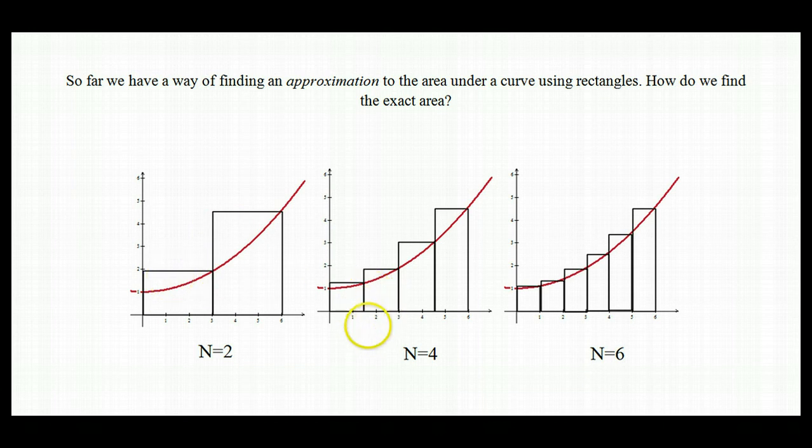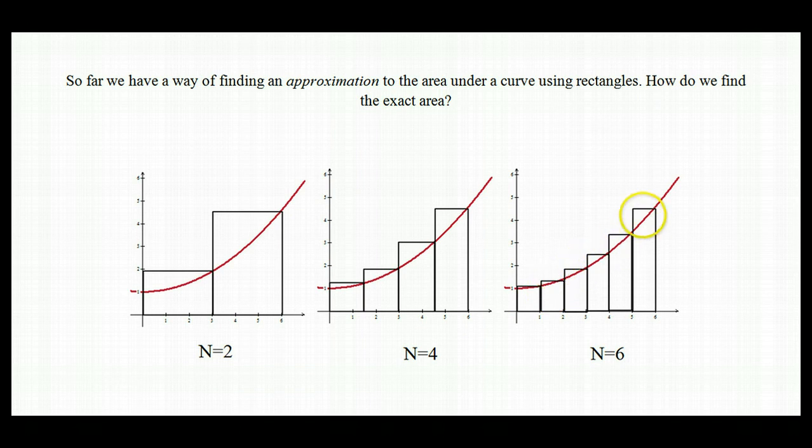But if I look at what happens when I go from 2 rectangles to 4 rectangles, now the amount of extra area has gone down. So it's a better approximation than it was when using 2 rectangles. And then when I use 6 rectangles, now look at this first rectangle. I only have this little bit of extra area here. So it's not too bad of an approximation.